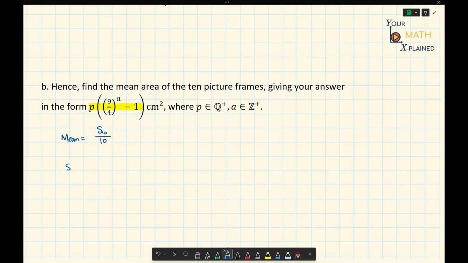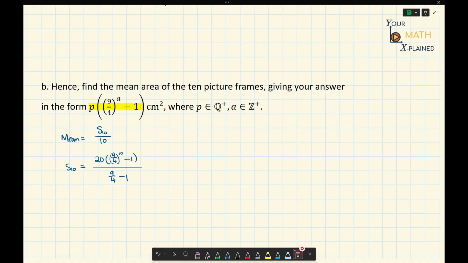So using our geometric series formula, we have S sub 10 is going to be equal to the area of the first frame, which is 20, multiplied by r to the power of n, so that's 9/4 to the power of 10, minus 1, divided by r minus 1. So 9/4 minus 1.